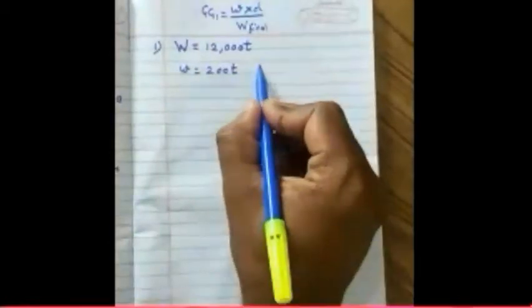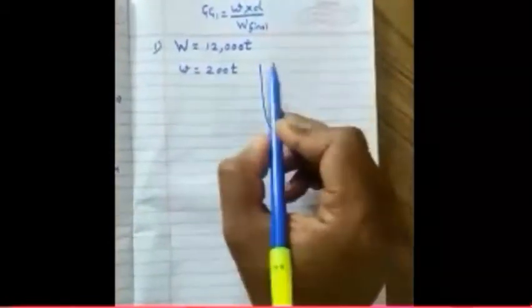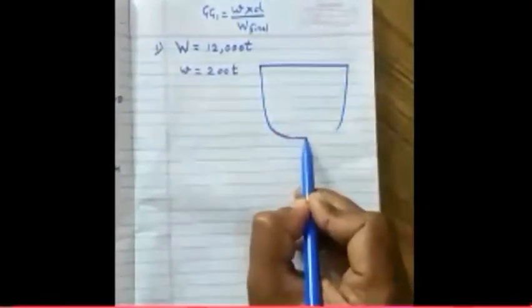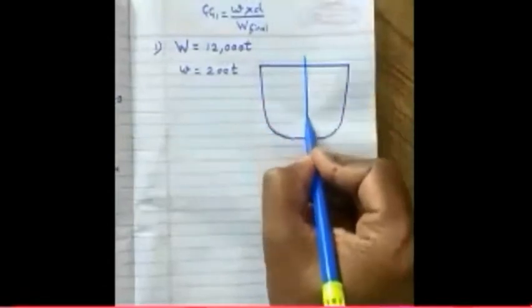Now always remember in this type of problem, KG problems or GG1 problems, whenever these KG values are given, do not put them in the data, but instead put them in the diagram. I'll show you the diagram. This is the transverse section of the ship. This is my center line.